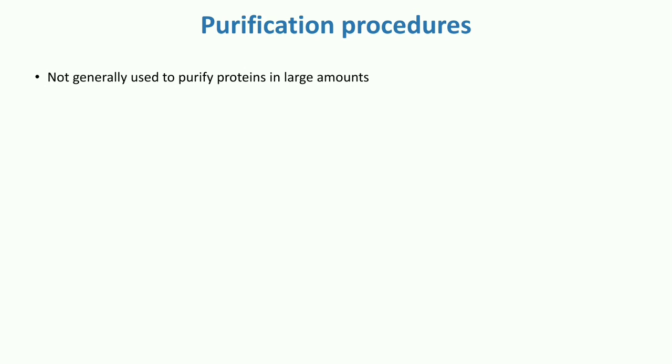So gel electrophoresis is one of the most popular and commonly used forms of electrophoresis for separation and characterization of proteins, but it is not generally used for protein purification when large quantities of proteins need to be purified.